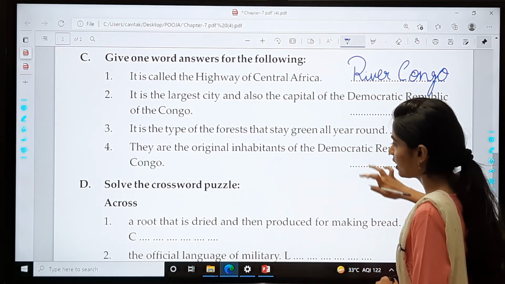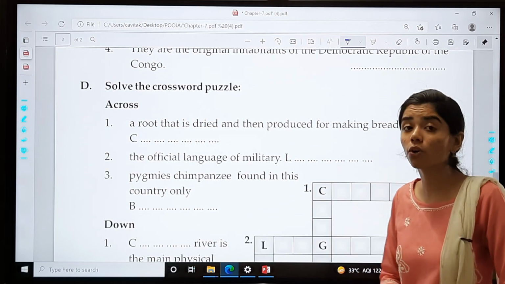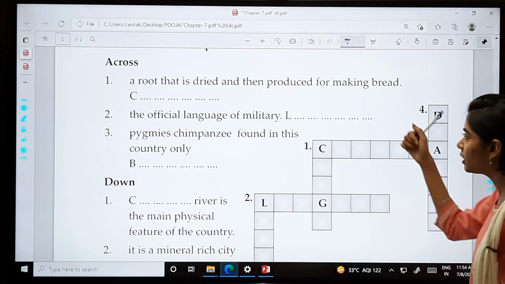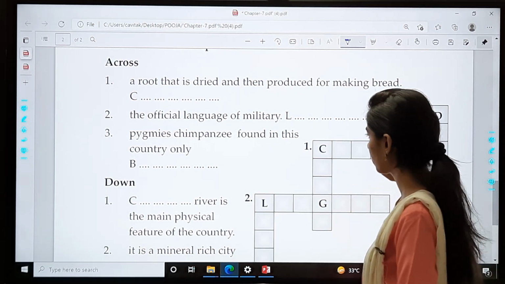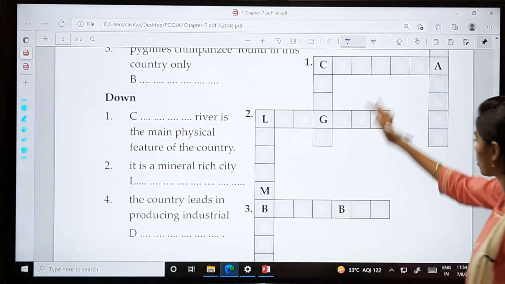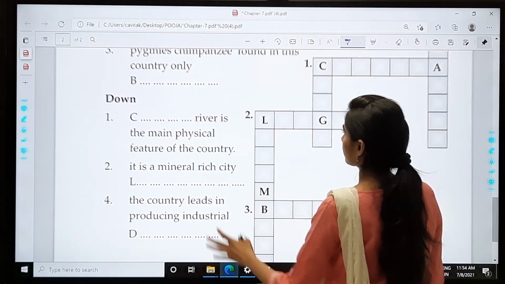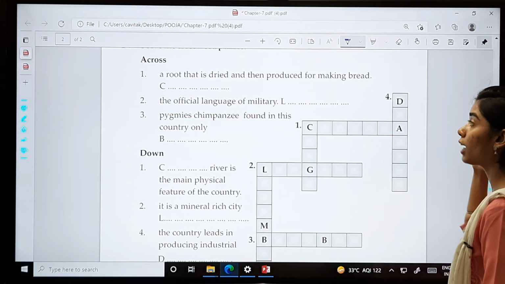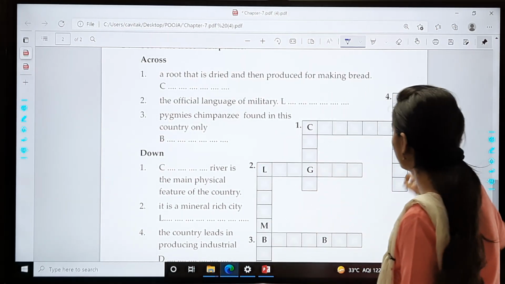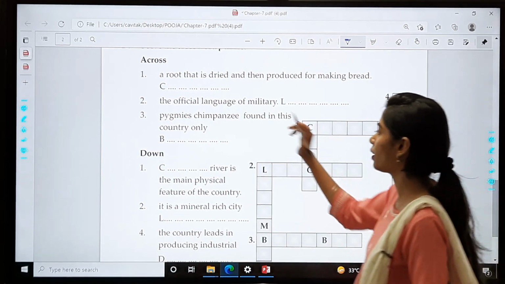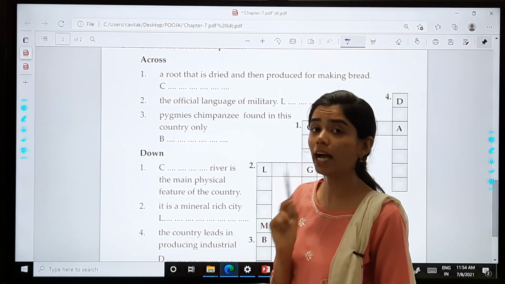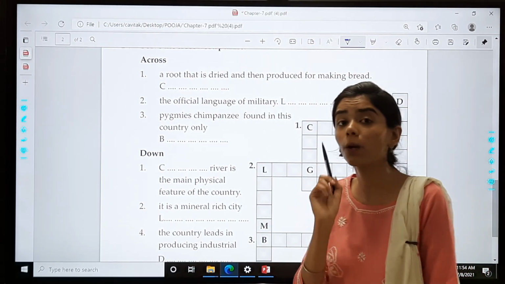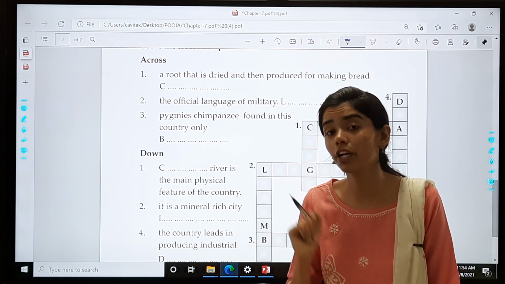Okay. Then the last one is solve the crossword puzzle. So over here you see, this is a crossword puzzle. This is your puzzle, and what you have to do is solve it. Now, for example, the first one: a root that is dried and then produced for making bread. So this also we have studied.